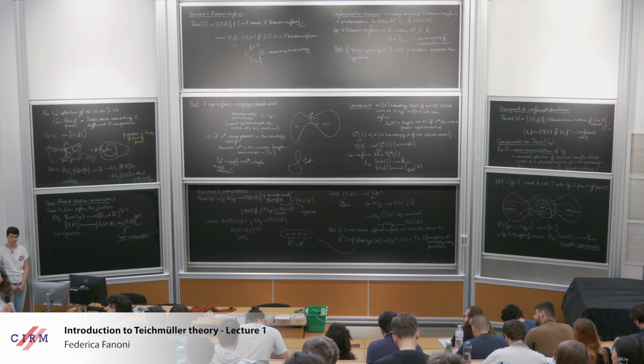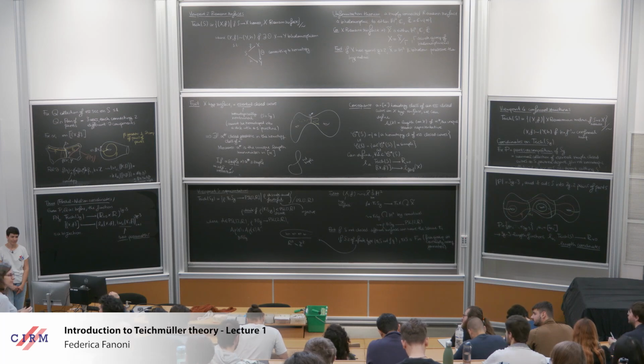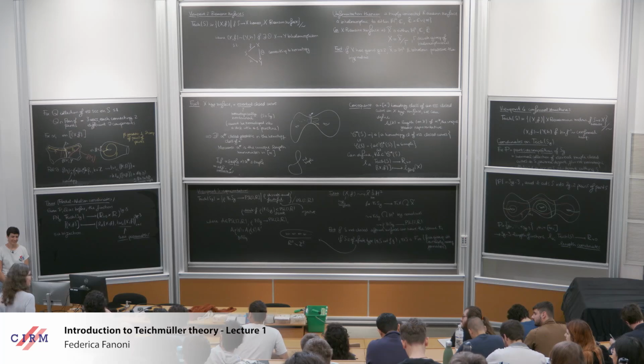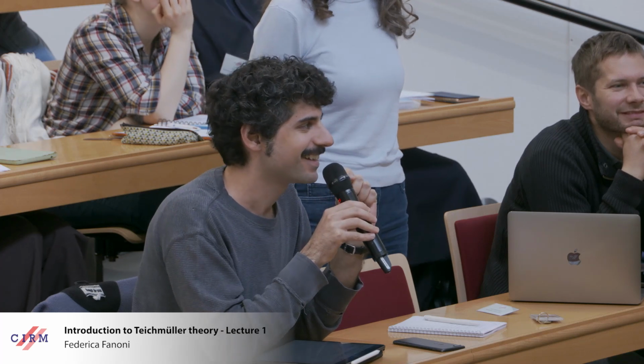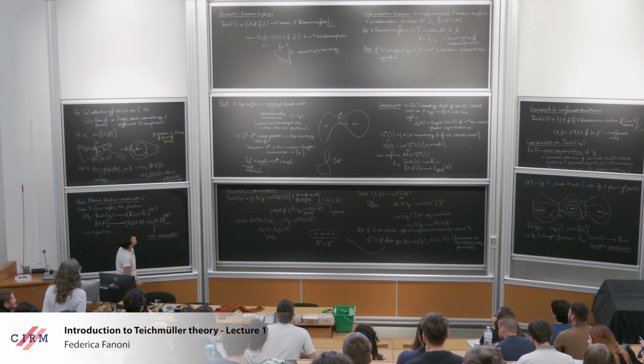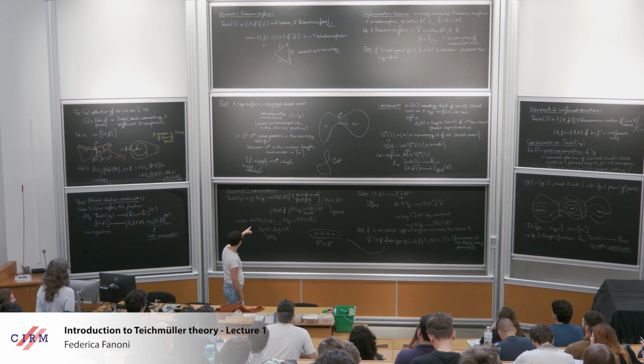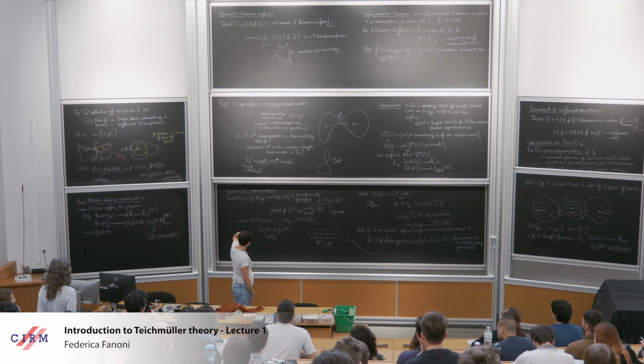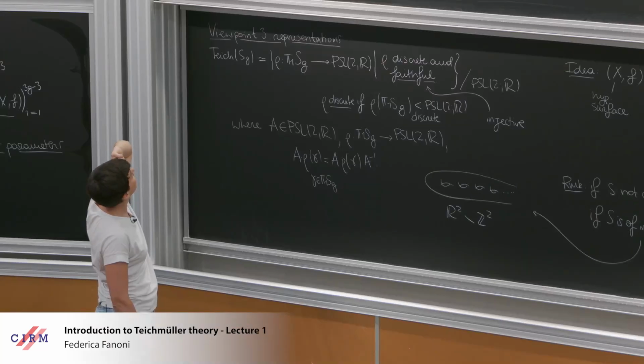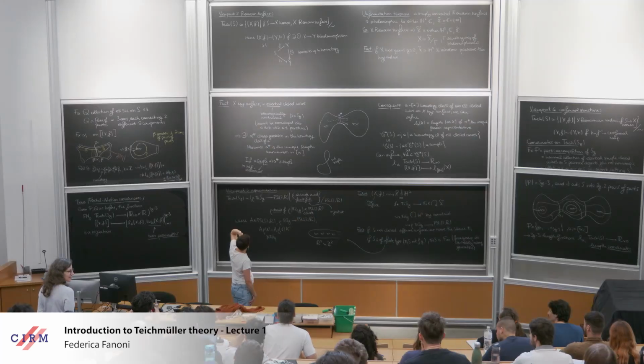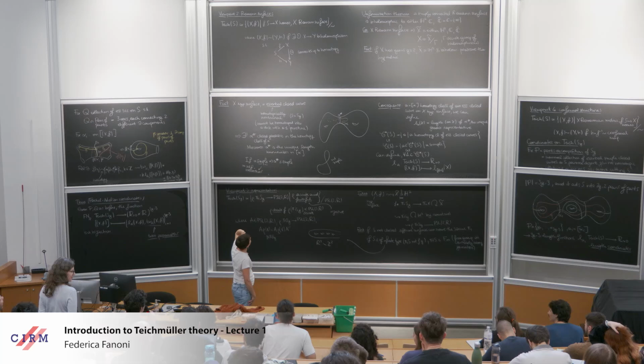Any questions? Not to be annoying, but in viewpoints 2 and 3, do you not get 2 copies of Teichmüller space via this? Yes, probably, yes. Okay, yeah, here, yes. And up there, maybe you want F to be orientation preserving or something? Yeah.